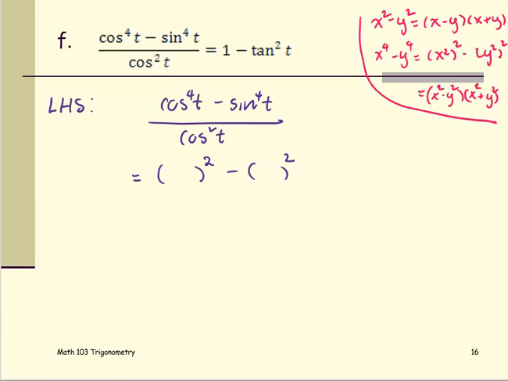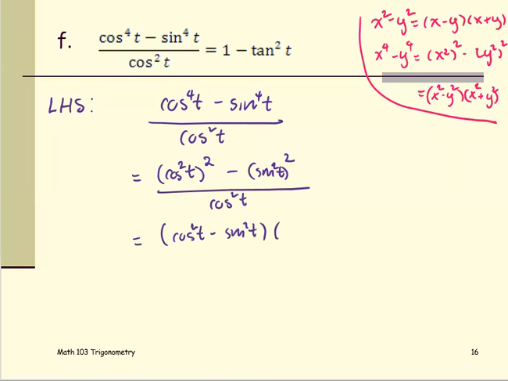In this case, we can write the power 4 as cosine power 2 squared and sine power 2 squared. After that, we factor the numerator as cosine squared t minus sine squared t multiplied by cosine squared t plus sine squared t, all divided by cosine squared t.